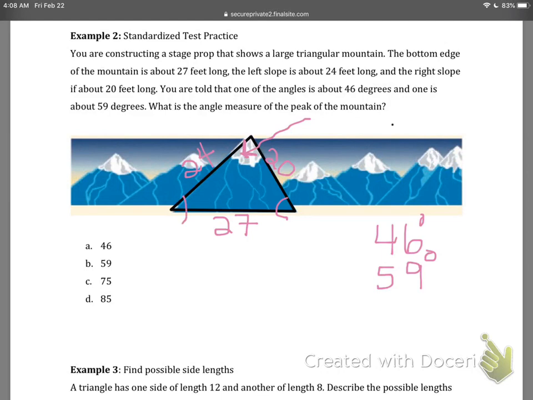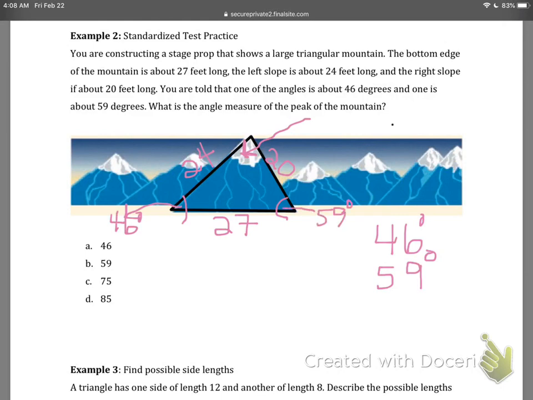The 46 is smaller than the 59, so the 46 has to go with the smaller side. Here's my 20. 20 is smaller than 24. So opposite the 20 side must be the smaller of the two angles, so this has to be the 46. Opposite the 24 length side has to be the 59.